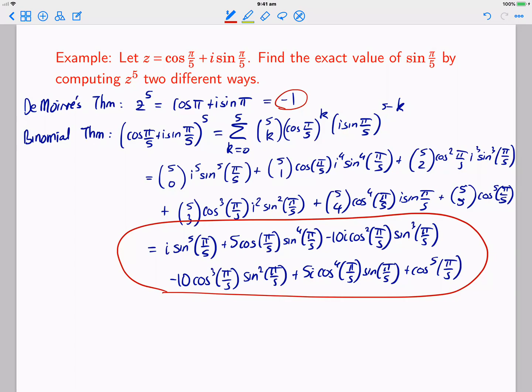Now, in order for two complex numbers to be equal, their real parts have to be the same, and their imaginary parts have to be the same. So the real part of minus 1 is just minus 1, and to see what the real part of the big expression is, we just look through it, and we ignore any terms that have an i in it.